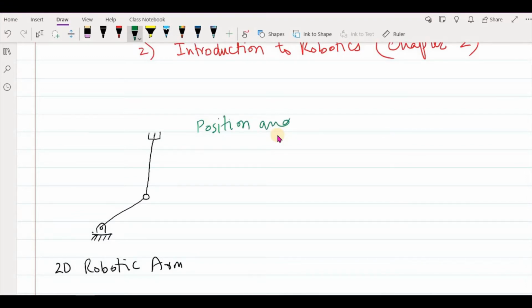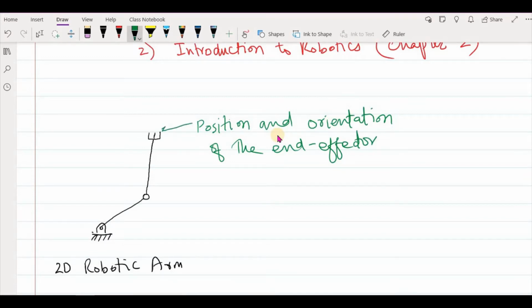Position and orientation of the end effector. So we are interested where this end effector is located, because we have to pick and place some objects. For that, it's necessary that the exact orientation and position of this end effector is known. So how can we know the position and orientation?